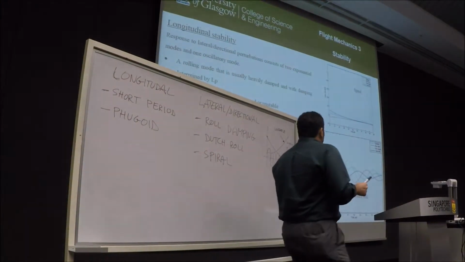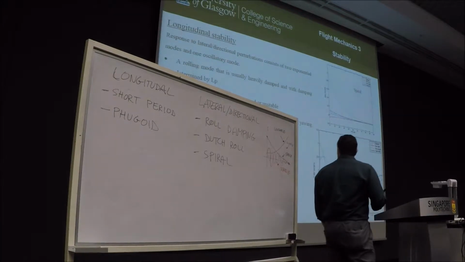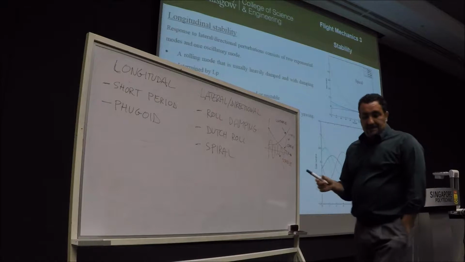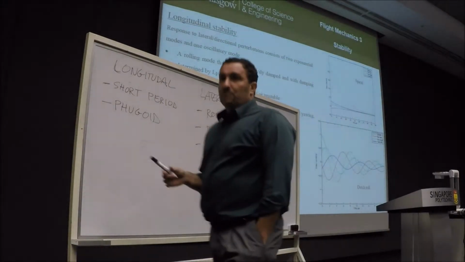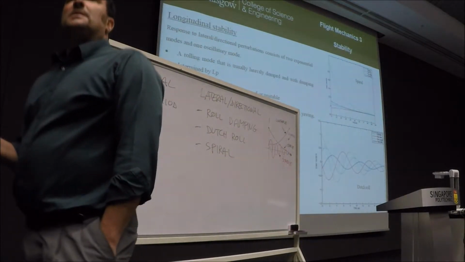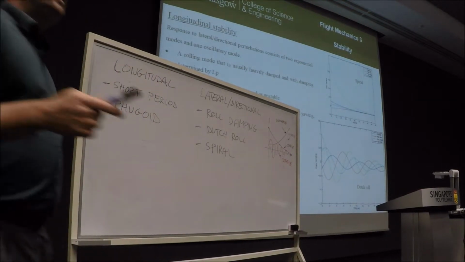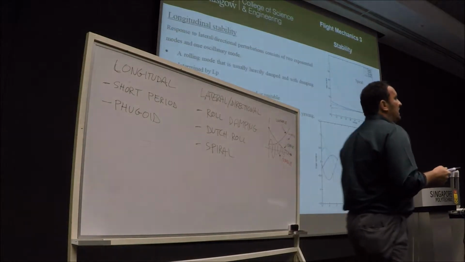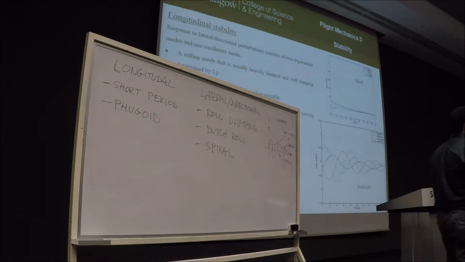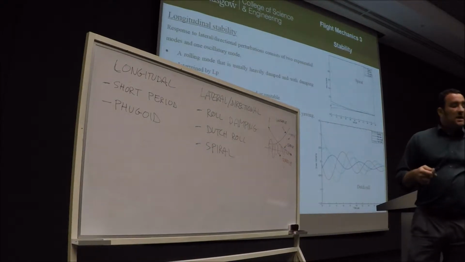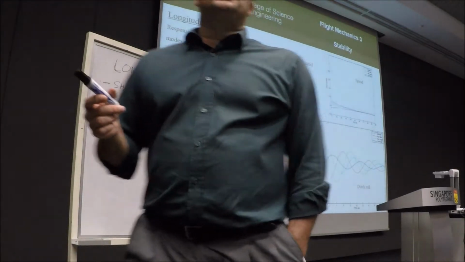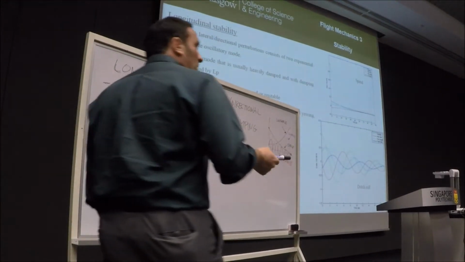And then we have the case of the Dutch roll. The Dutch roll is a perturbation which doesn't act along one axis, but combines perturbations around the x-axis, so a rolling mode, as well as a perturbation around the z-axis, that is a yaw mode.